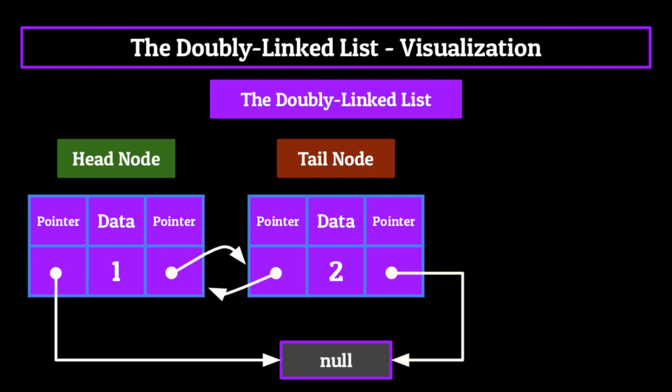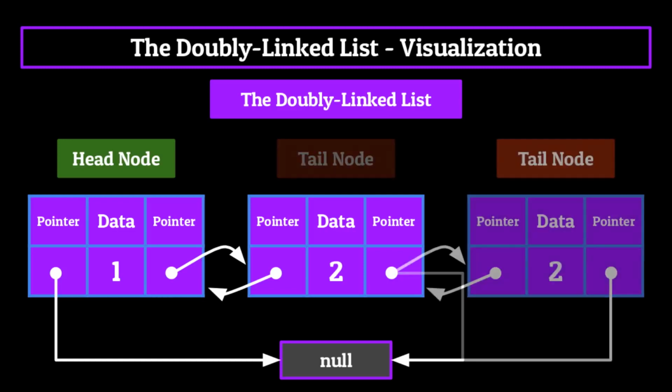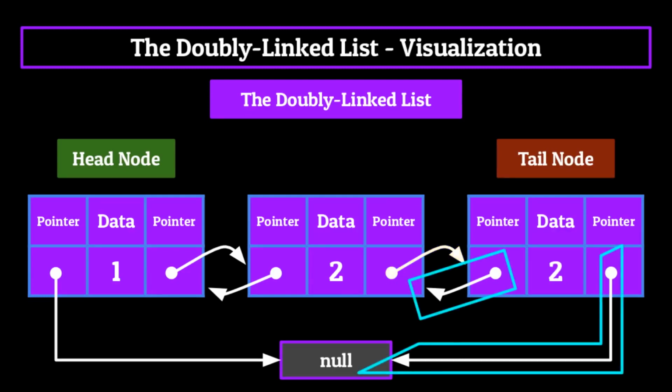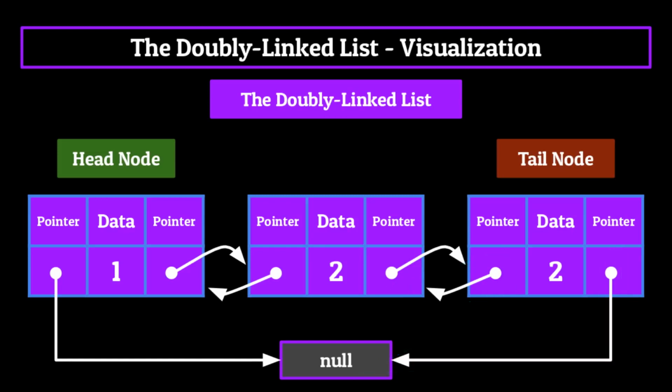As you can see, it's a little bit more complicated than adding a node to a regular linked list in which we only had to worry about one set of pointers as opposed to two, but still manageable. Let's add one more node for demonstration purposes, and you'll see the same thing happens again. The second node now points to this new third node, and this third node gets initialized with a pointer which points both to the previous second node and also forward to some null value.